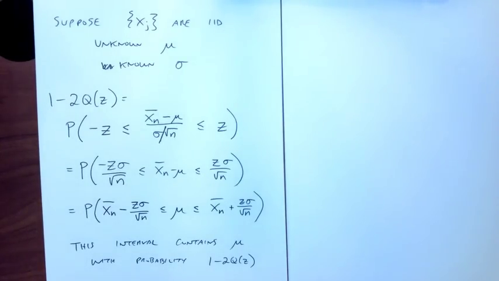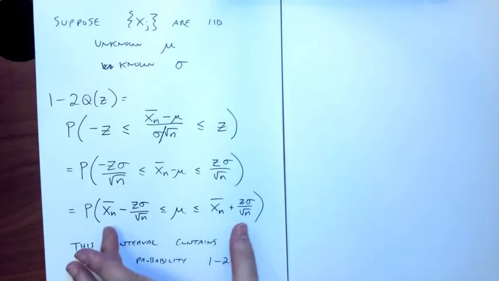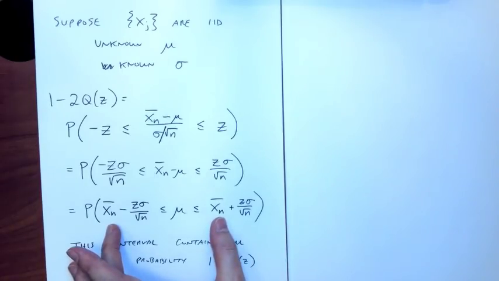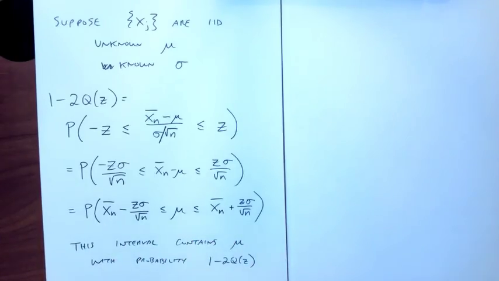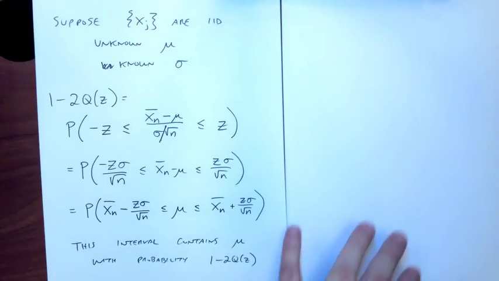Okay, so the setup is that I've got a bunch of random variables, I compute their average, and that's what this xn bar is. And now I want to know, I computed this average, can you give me a plus or minus range so I can be pretty confident that the mean is within that number I computed plus or minus something? That's how I'm going to estimate this unknown parameter, which is the mean, okay?